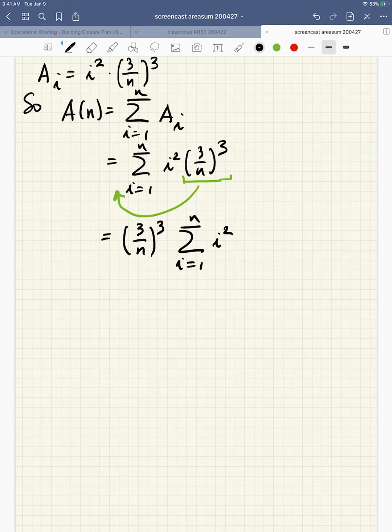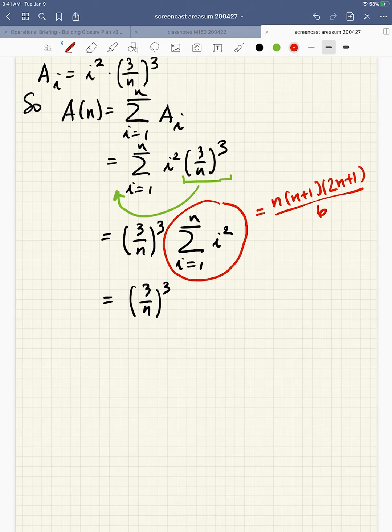And then here I can use one of my summation identities and apply it to this. The summation identity tells me that this is equal to n times n plus 1 times 2n plus 1 over 6. This isn't something you have to memorize, but you have to be able to recognize that we know a formula for this, and then when it's time to use it, find it.